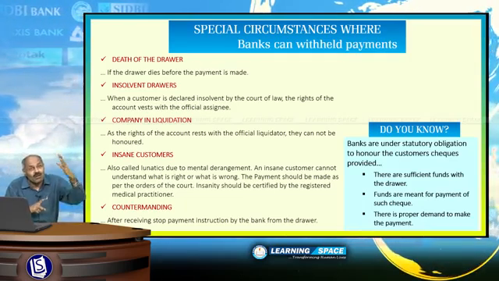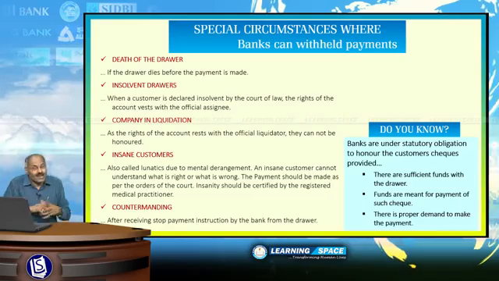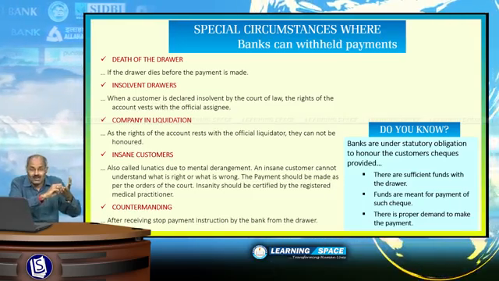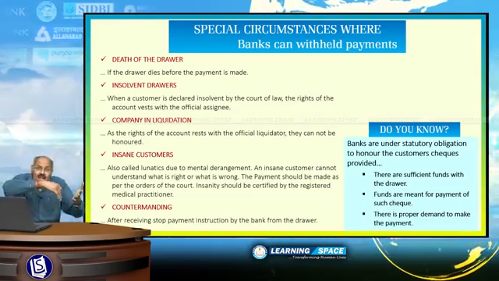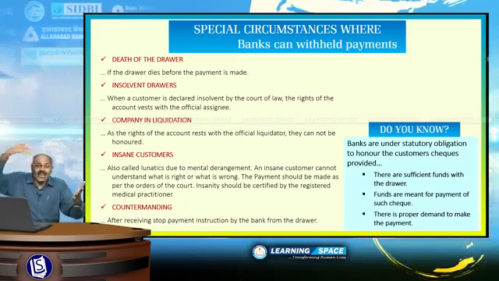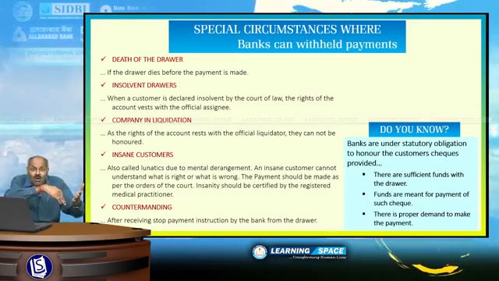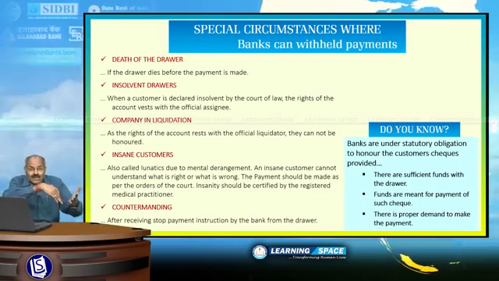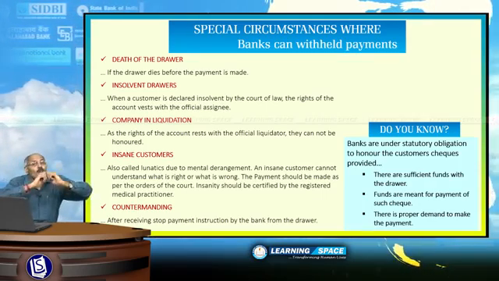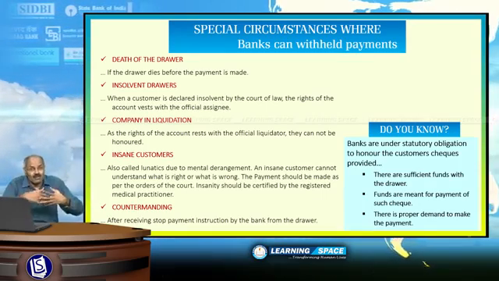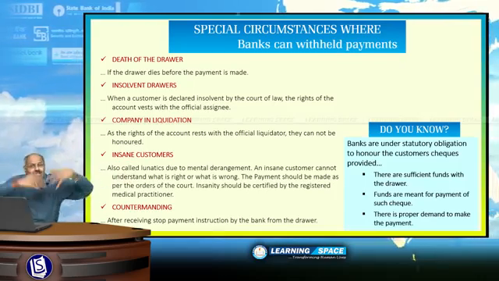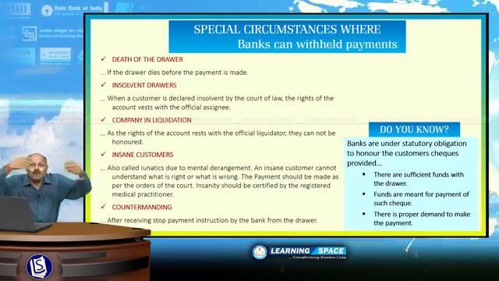Second is insolvent drawers. X has given the check, but he was already declared as insolvent. Official assignee was nominated by a court. Under those circumstances, he cannot operate his account. Insolvent means he has taken loans from several people and he is not able to pay back.